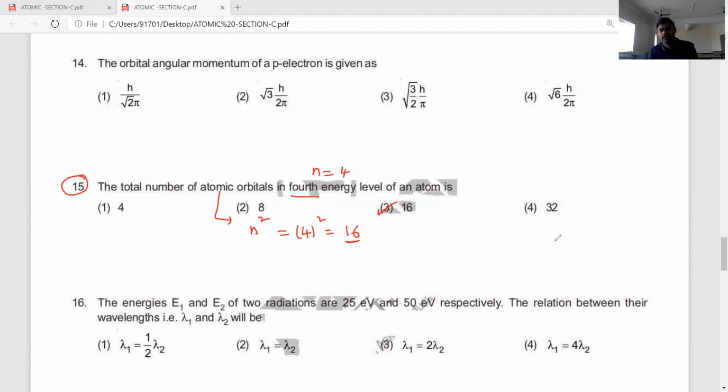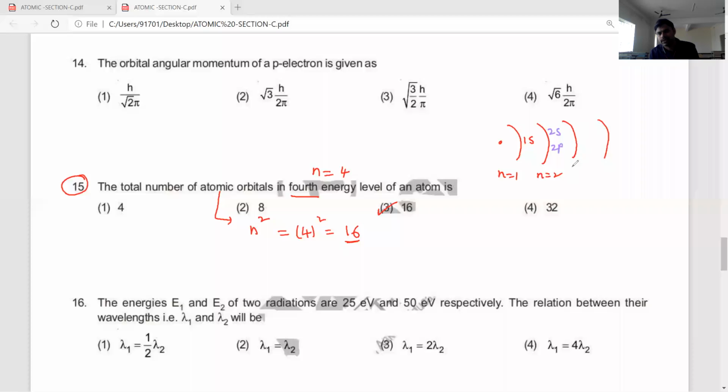N is equal to 4 means this is the nucleus, with the first shell, second shell, third shell and fourth shell. N is equal to 1 contains only one s. N is equal to 2 contains 2s and 2p orbitals.